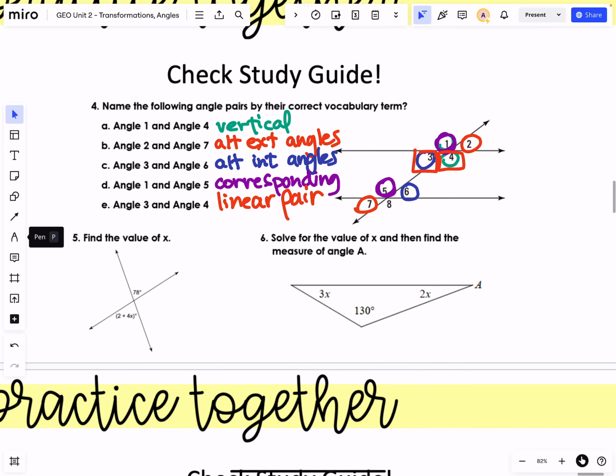All right, for number 5, find the value of x. Okay, so we have vertical angles. They're opposite each other when two lines cross.